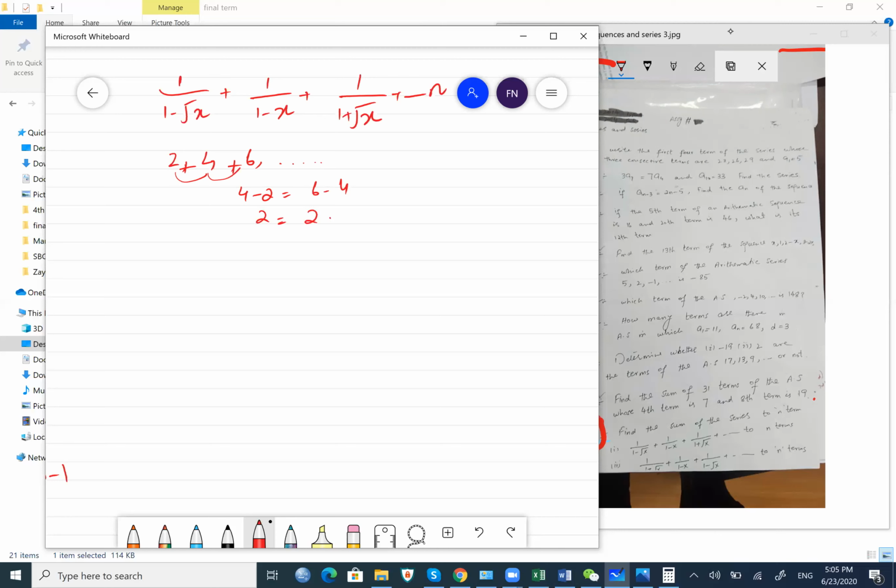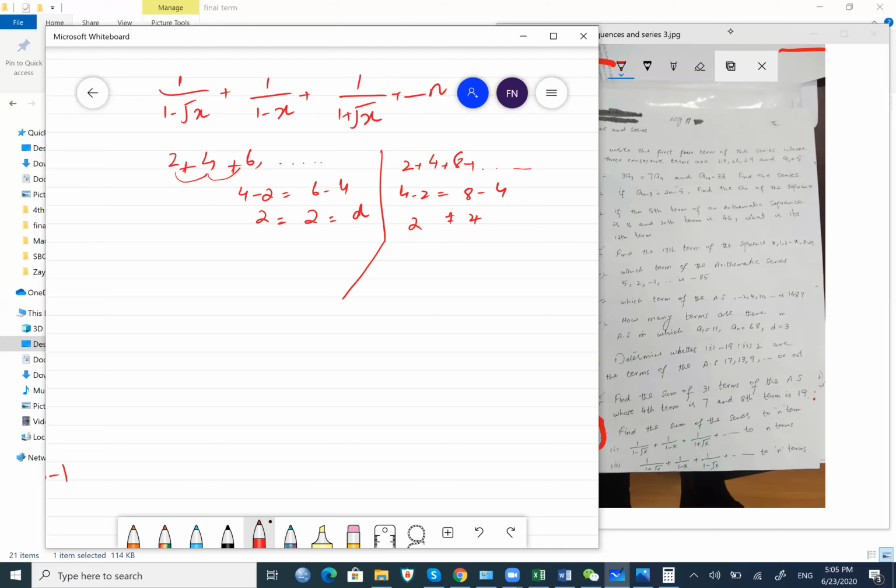So the common difference is the same, and it is an arithmetic series. If I give you another series, 2, 4, 8, and so on, you say 4 minus 2 and 8 minus 4 are not the same, so it is not arithmetic.